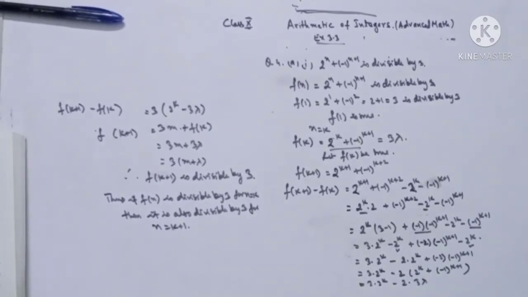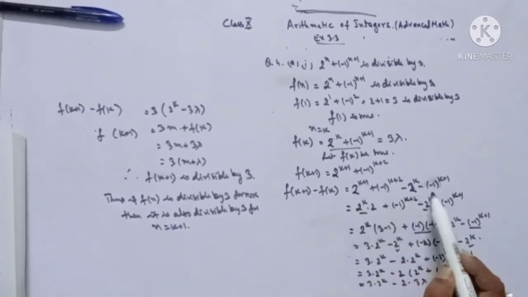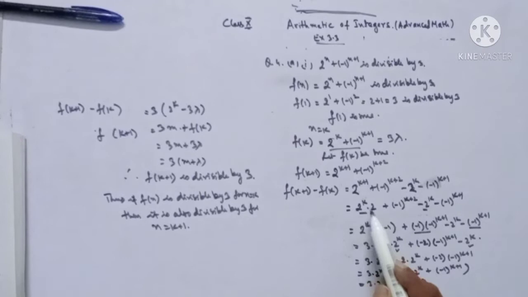So here you see that it took a while solving this. That is nothing else. Here you can see 2 to the power of k plus 1 minus this. So 2 to the power of k plus 1 is 2 to the power of k into 2. So instead of 2 I wrote here 3 minus 1, and now I divided it into two parts.